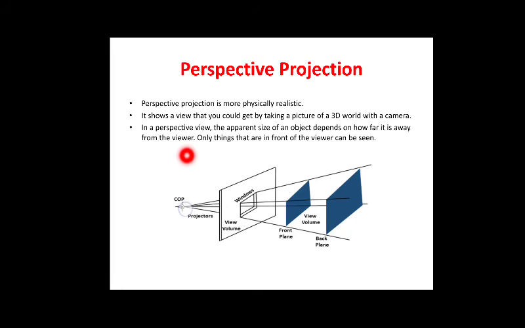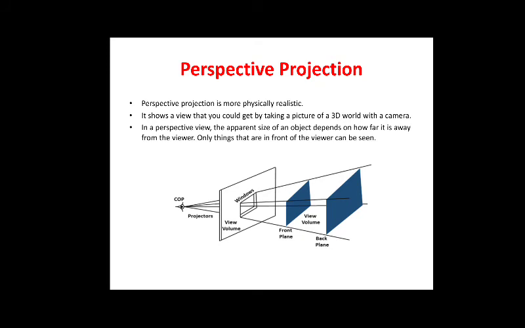So from our eye we are projecting some object. Our eye is here the center of projection. You can see here we are drawing the image of an object onto the 2D plane. We have one object and we are representing it on the 2D plane. Actually the object is 3D, and we have to represent it on a 2D plane.